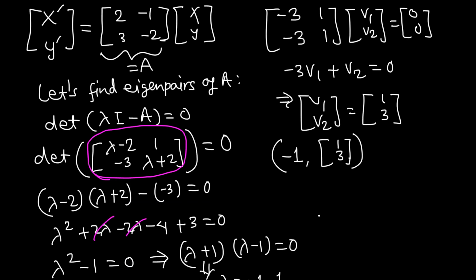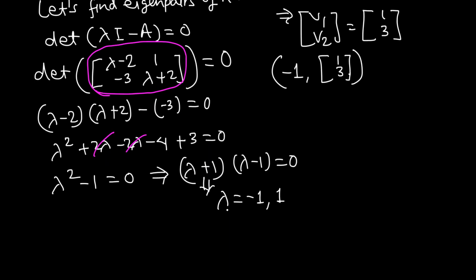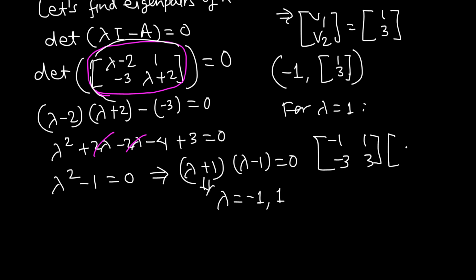Okay, let's do the same thing for the second eigenvalue, lambda equals 1. So for lambda equals 1, again we go to this matrix and plug in lambda equals 1. So 1 minus 2 is negative 1, 1, negative 3, 1 plus 2 is 3. That times the unknown vector we are trying to determine, v1 v2 again, equals the zero vector, 0 0. Again these two rows are linearly dependent, so we just work on the first.